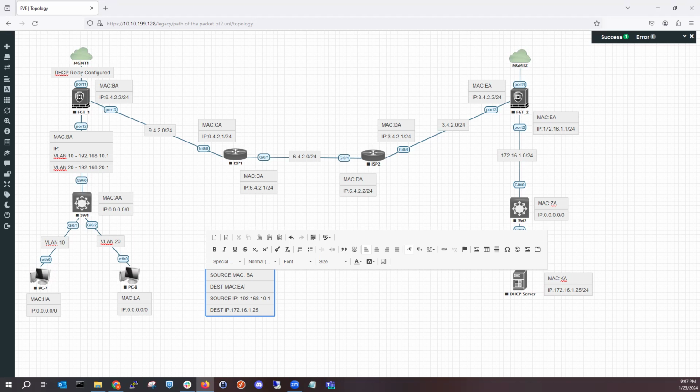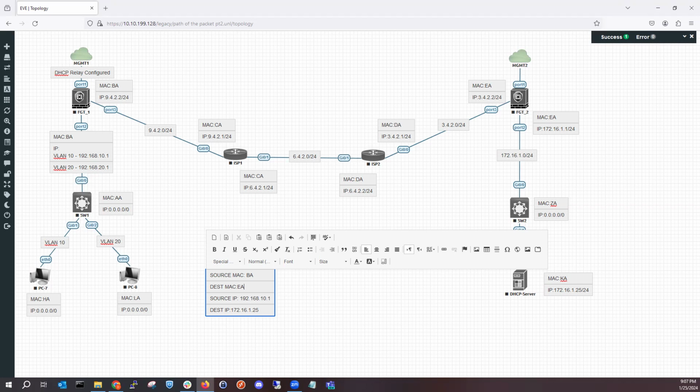And the destination, that's correct, we're trying to get there. But if we were to send this packet from FortiGate 1, it's not even going to get onto the wire, because the ARP table is going to say, hey, where's EA? It's going to get no response, so it's just going to be dropped.